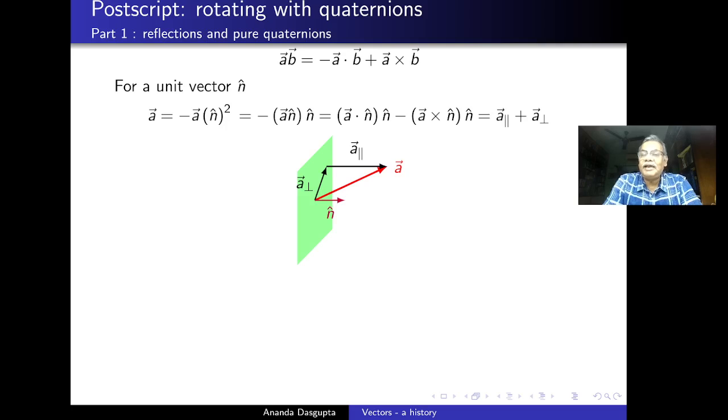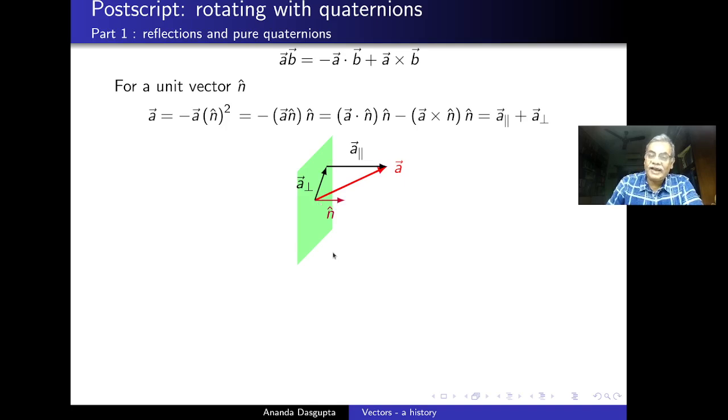So when you reflect a vector in a plane, the in-plane component, which is A perpendicular, the component perpendicular to the normal to the plane, will actually stay the same. A parallel, which is actually out of plane, parallel to the normal, would reverse.